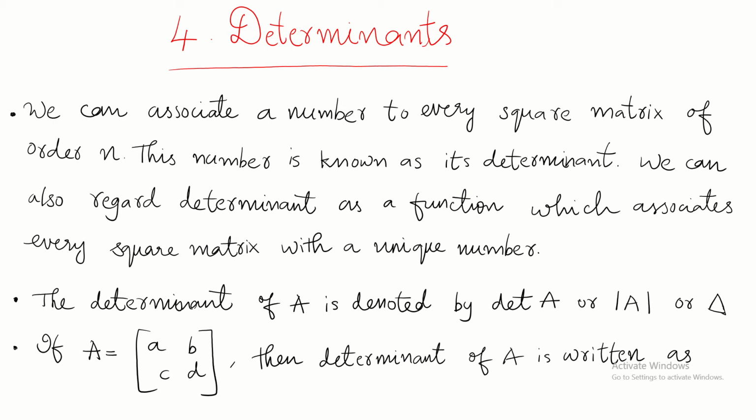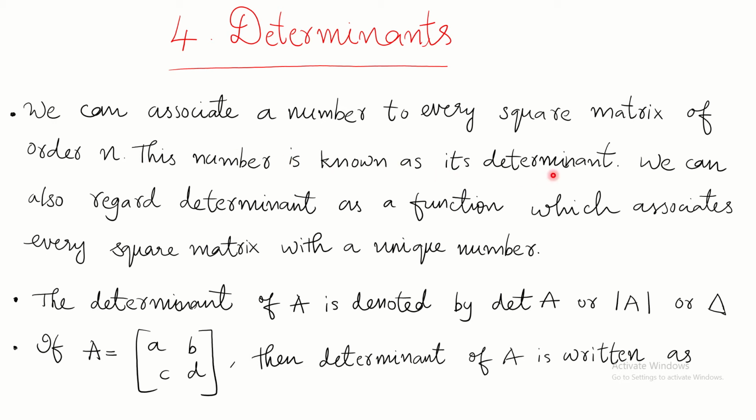I'll give you some basic introduction. Here, the first line: we can associate a number to every square matrix of order n. This number is known as its determinant.